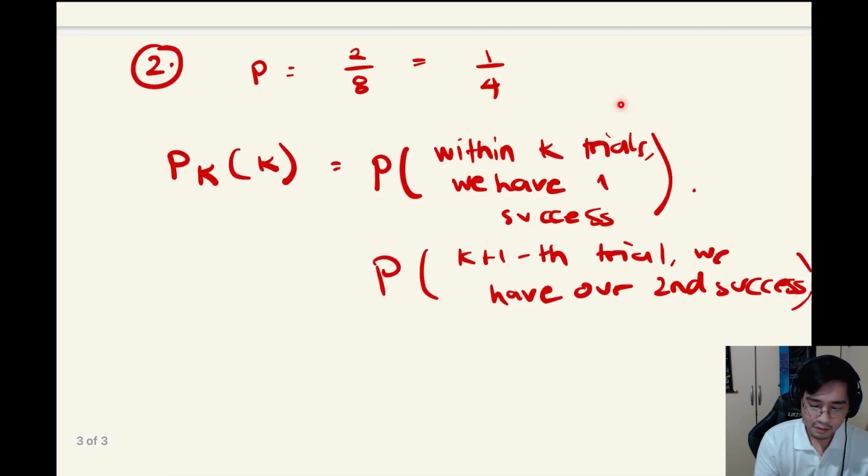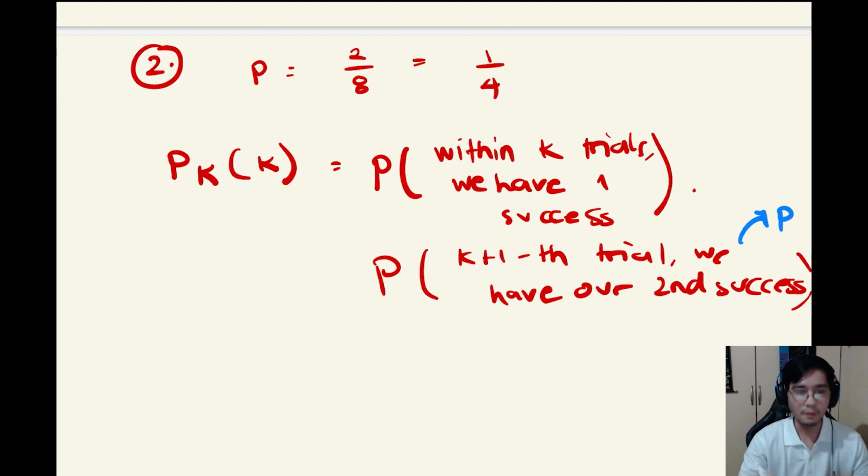So, we know this one, the probability that on the K plus 1 trial we have our second success, that is just equal to P, the probability of success. This one, 1 over 4.